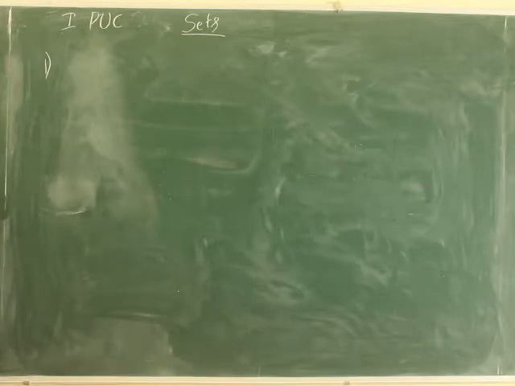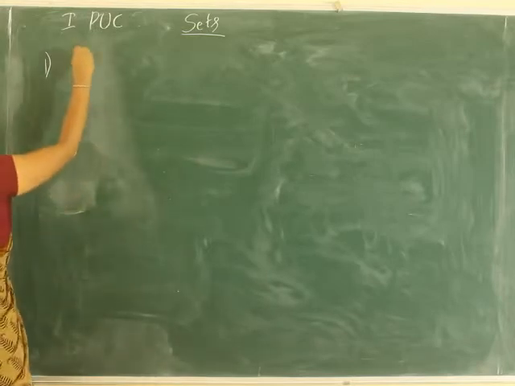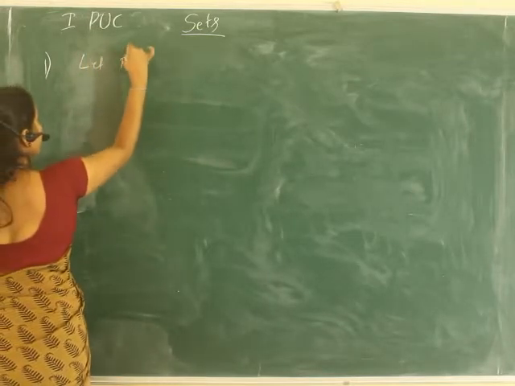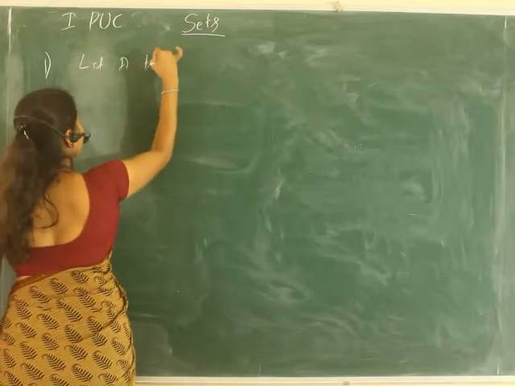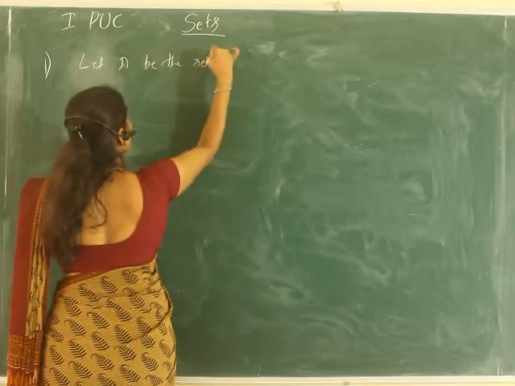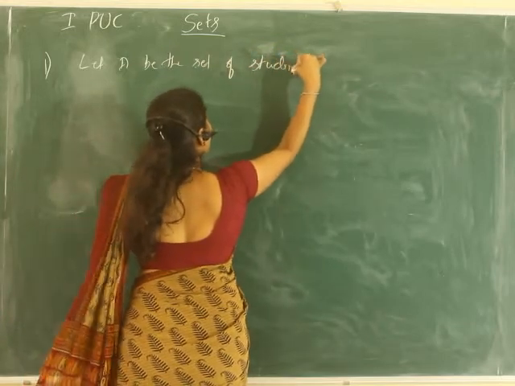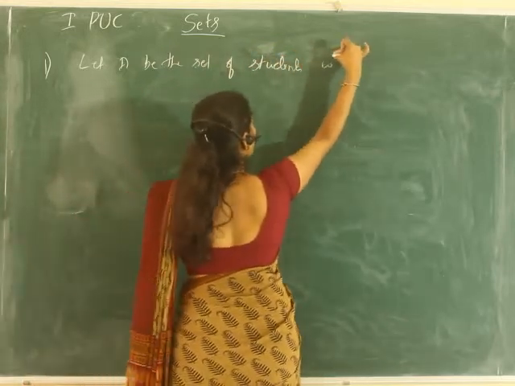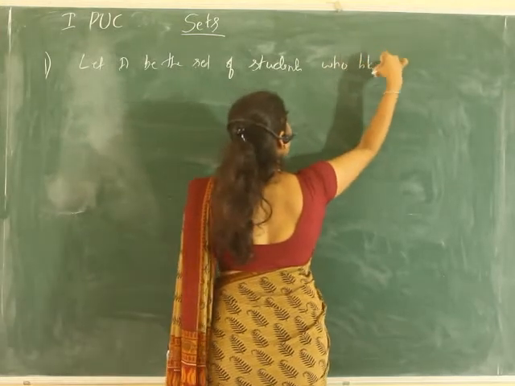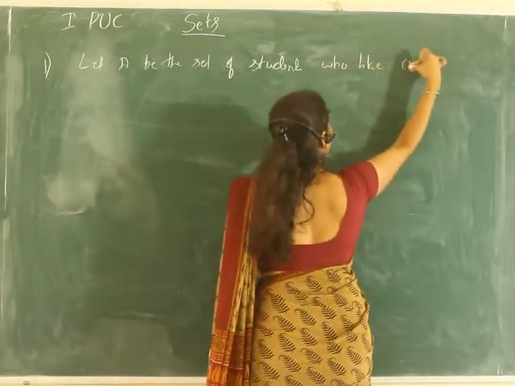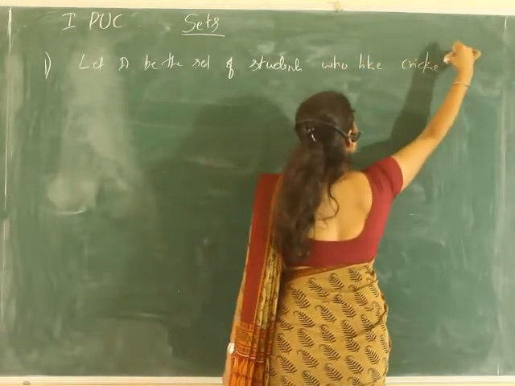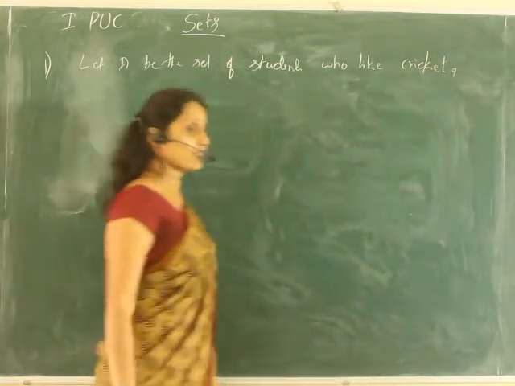So let A be the set of students who like cricket. We have to take this first itself.